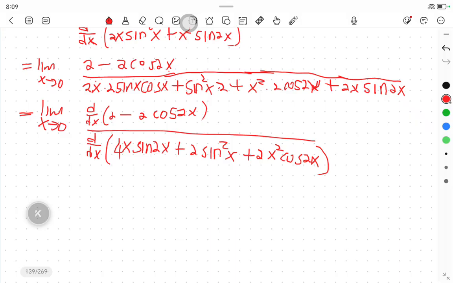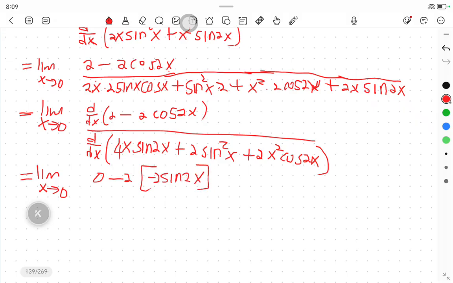So since that is the case, I can still continue. When I derive the numerator, I'm going to get minus 4. This will become positive. Let me just derive it step by step. When I derive the 2, I'm going to get 0 minus 2. When I derive the cos, I'm going to get minus sine 2x. When I derive the 2x, I'm going to get 2.